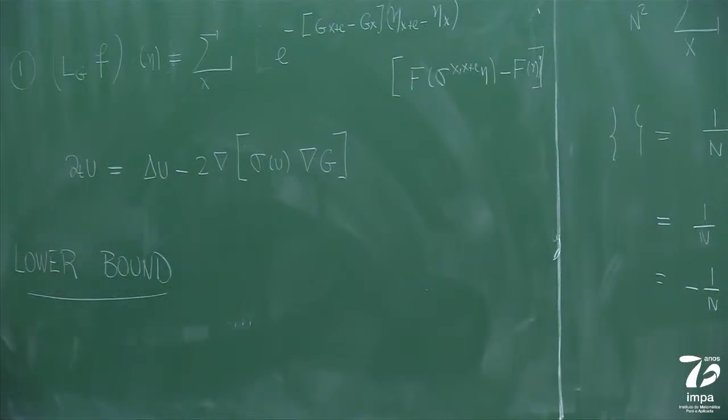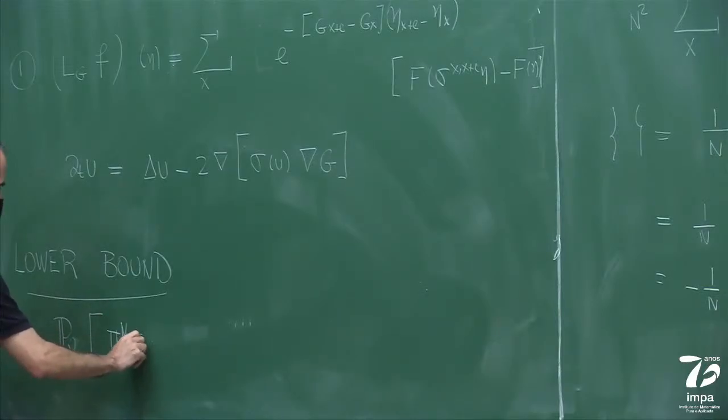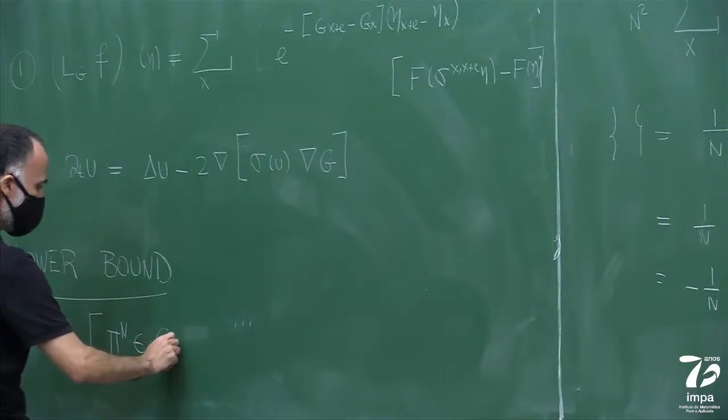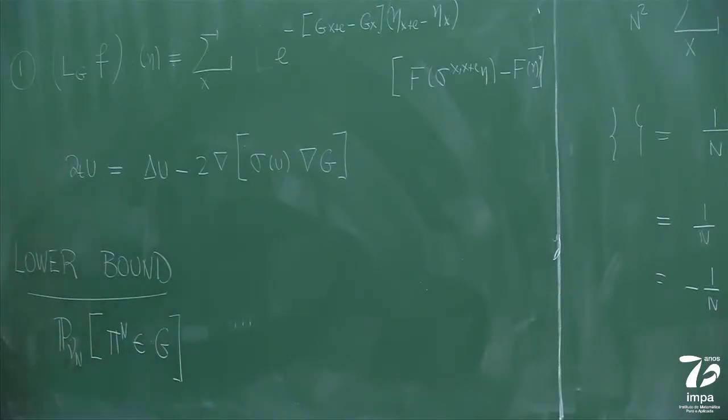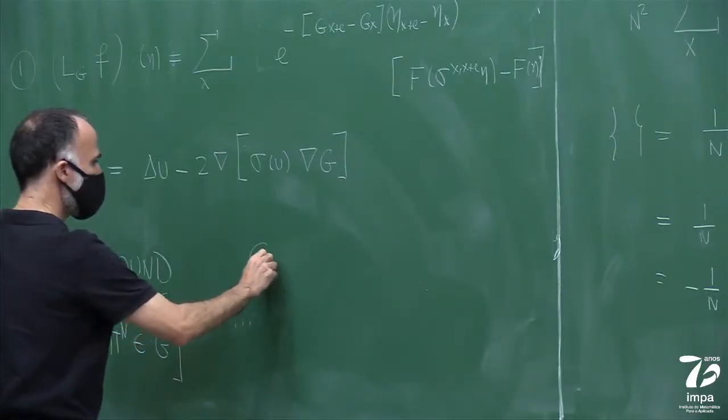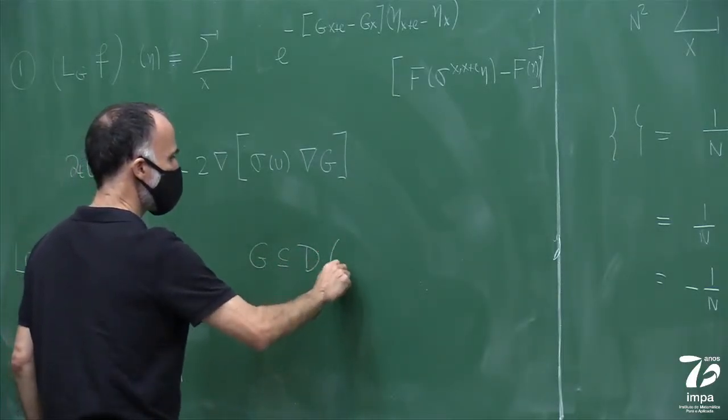I'll just close my eyes and repeat exactly the argument I presented for IID random variables. So I want to estimate the probability that pi n belongs to some open set G. G is a subset of the set of trajectories.